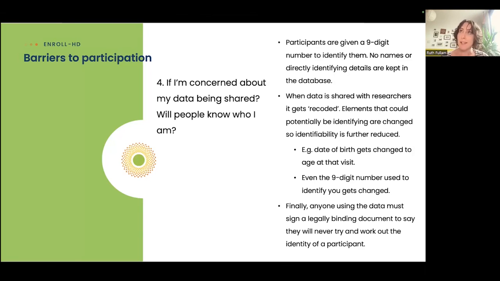And even that 9-digit number, which we use in the database to identify you, gets changed to a different 9-digit number. There's an awful lot of measures in place to make sure that everyone's data is safe and secure. And finally, any researchers using our data or samples must sign a legally binding document to say that they're never going to try and work out the identity of a participant.